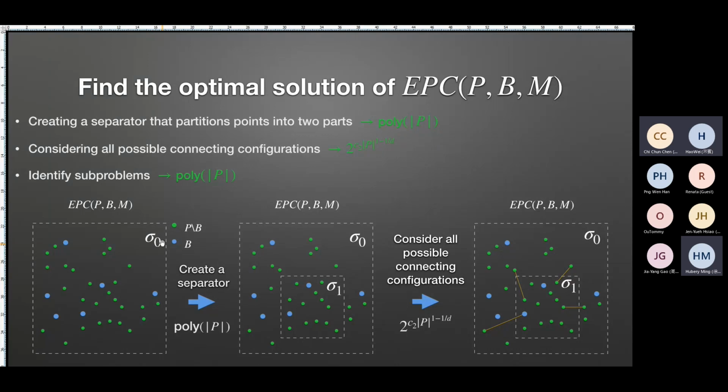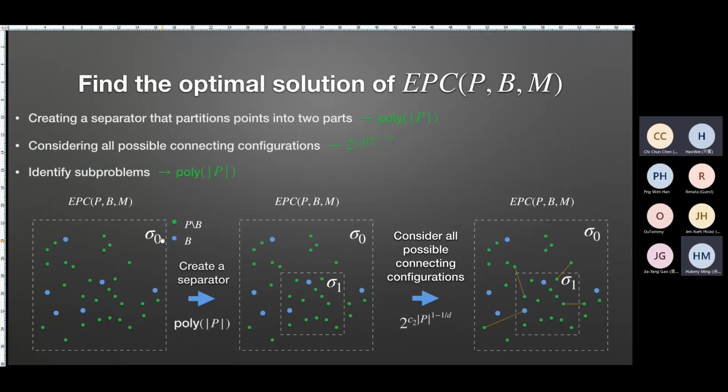First, we create a separator that could partition all of the points into two parts, and it takes polynomial time. Second, we consider all of the possible connecting configurations.